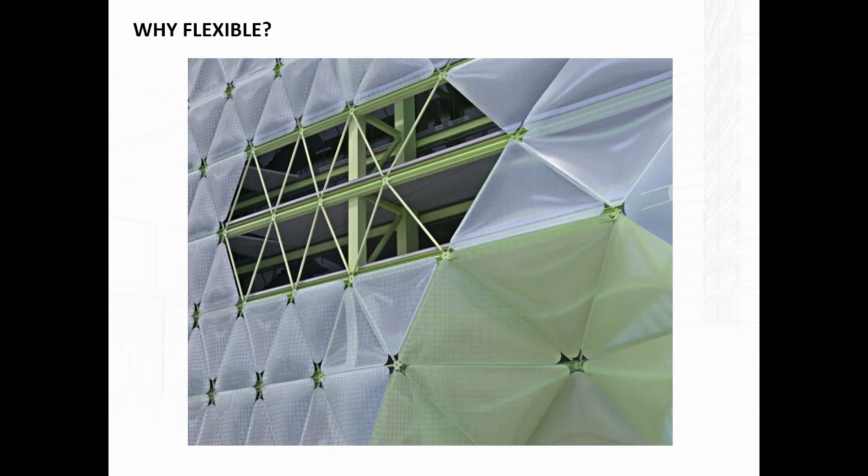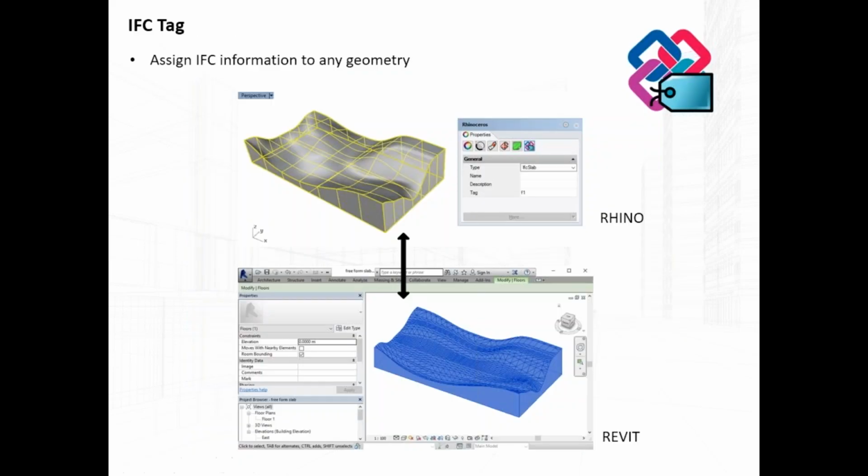And we say that it adds flexible BIM features to Rhino because it takes advantage of all these features to work with complex, freeform geometry. That way you can create this complex architecture. Also, any geometry in the model can get information that will be stored in IFC models.